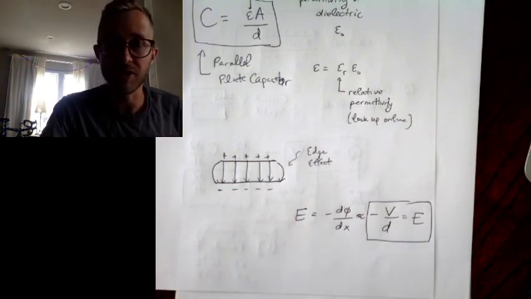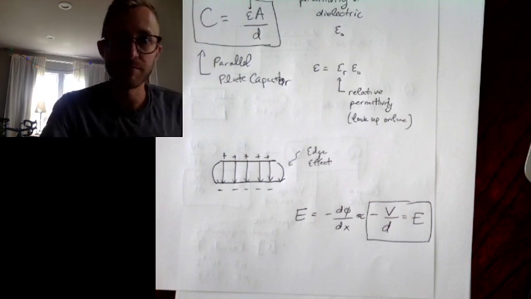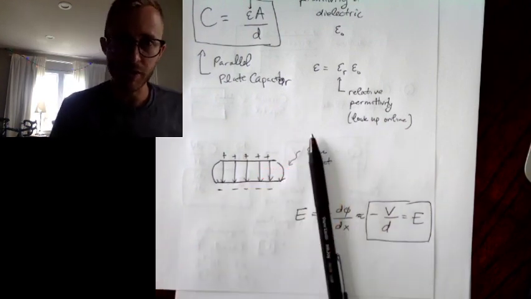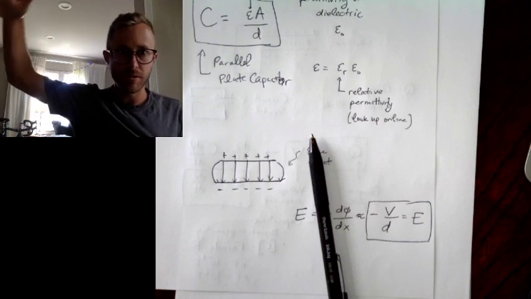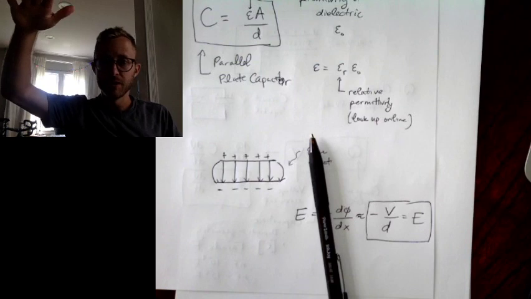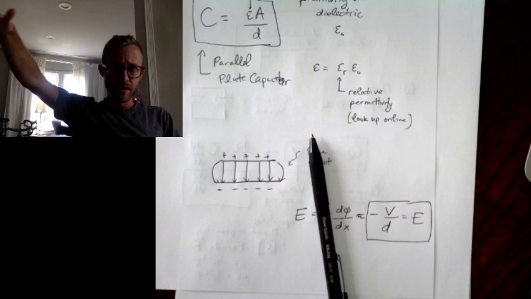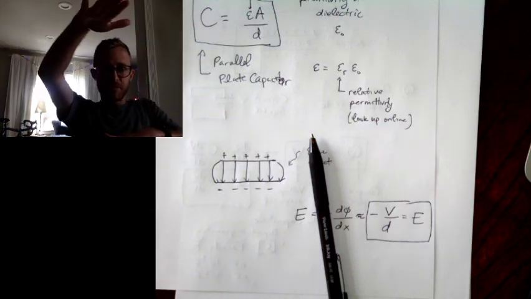So, for example, you could think about a lightning strike. You can think about a thundercloud as like a capacitor plate. So the thundercloud is the top capacitor plate, and the Earth is the bottom capacitor plate.